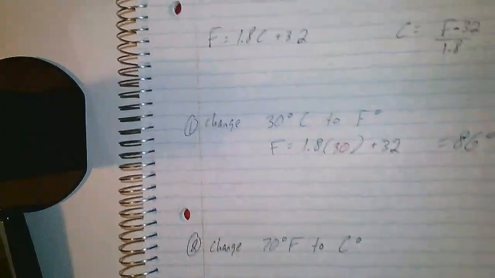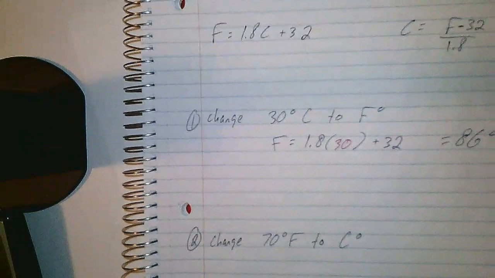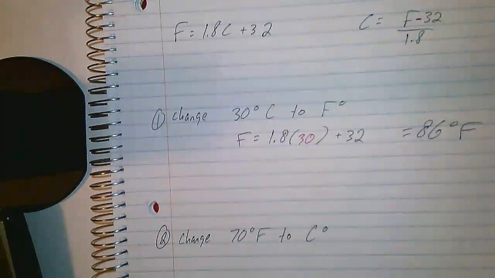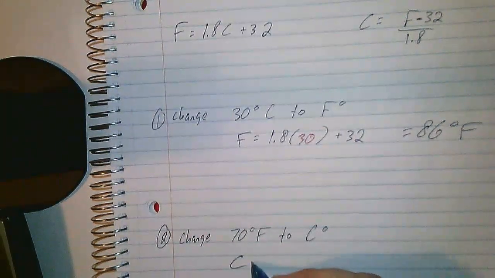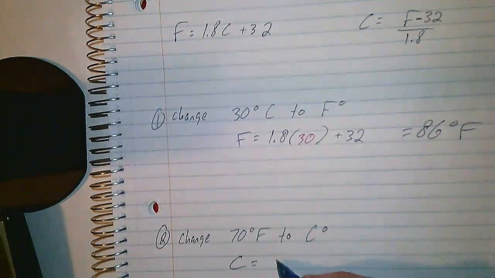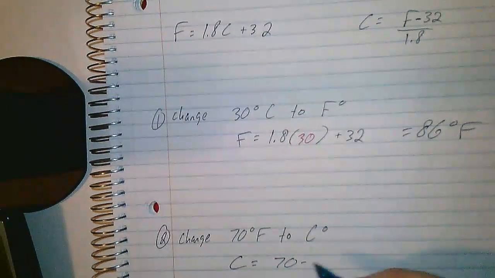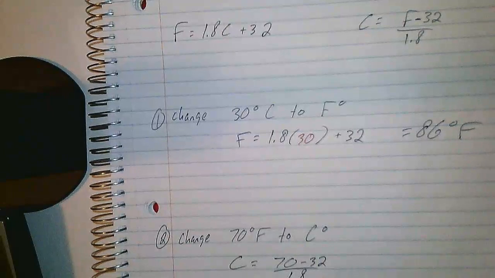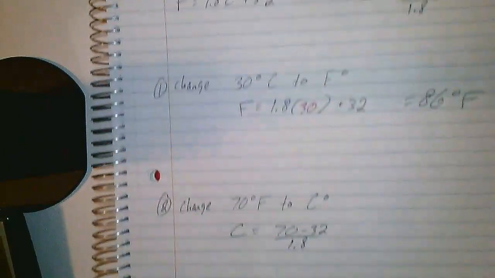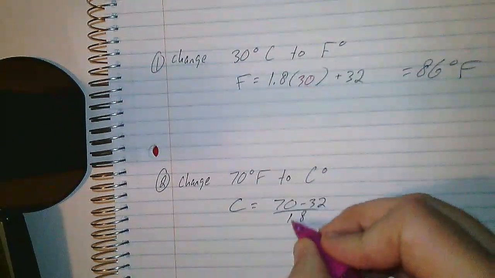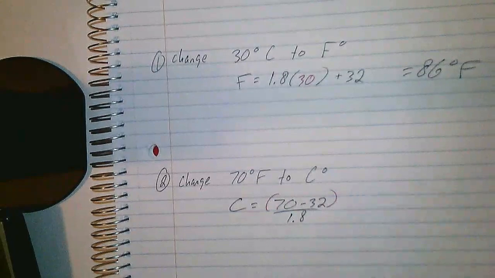So here we go. Change 70 degrees Fahrenheit to Celsius. So we want to know what we have in Celsius. I take my formula. I replace that F with 70 minus 32 over 1.8. Here, I like to point out that if you have math happening in either the top or bottom of a fraction, you do that first.